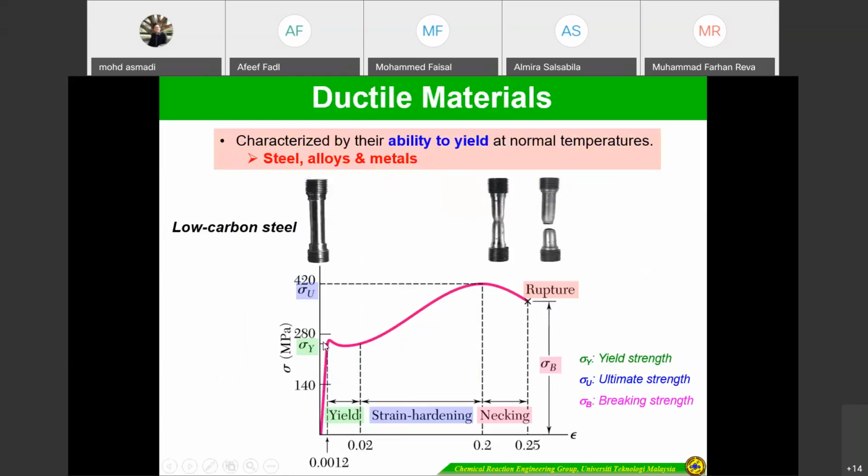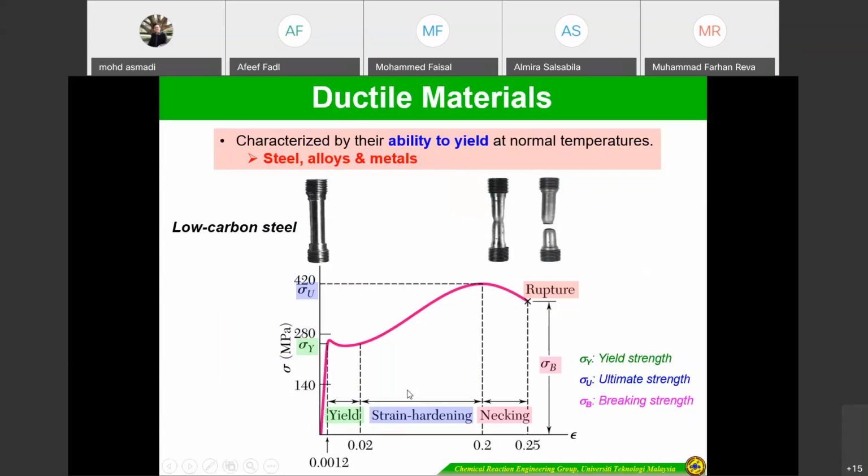Okay, until sigma y. If you look here, there is a straight line with a step shape, up to sigma y. Then elongation occurs, the deformation occurs.